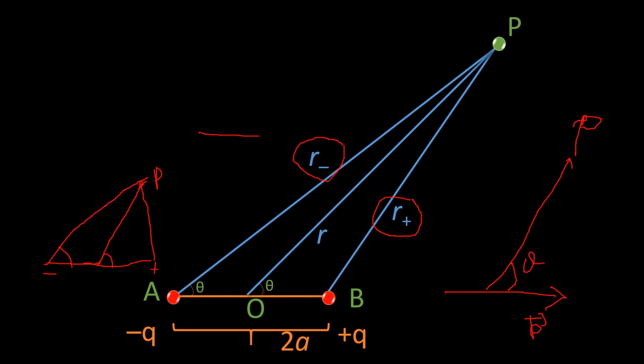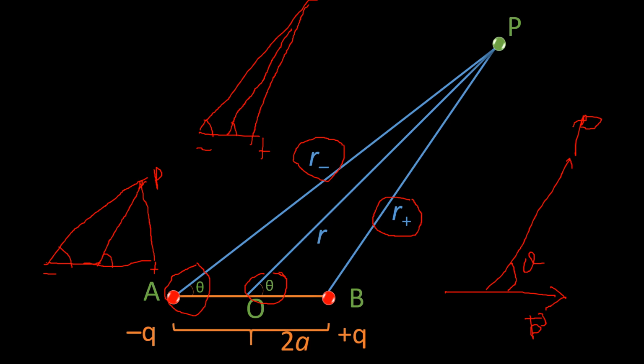But what if this is how I have my dipole, and then I consider the point P to be at a very large distance. Now in this case, if you look at the angle theta, this theta will be almost the same. So for now, the angle at point O and the angle at point A both are labeled as theta, and later on we'll make the assumption that 2a is very much less than r. So this condition is satisfied, so don't worry about that.